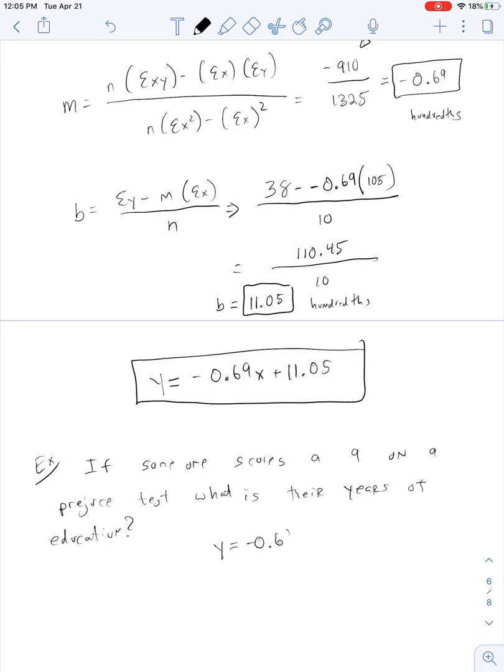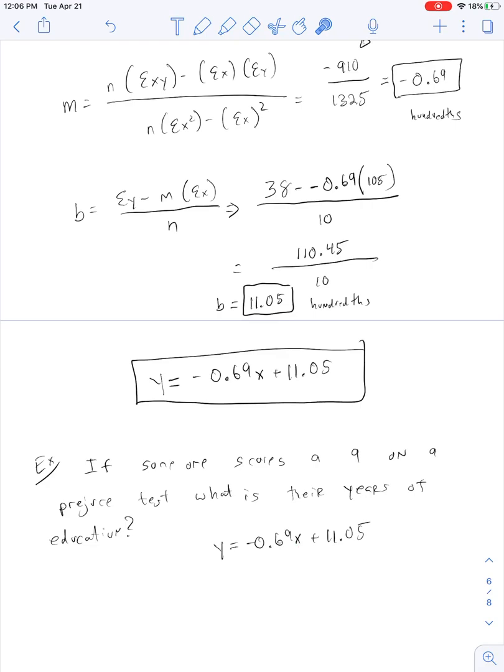Right, so we use our formula, remembering that Y stands for the score that they received, and X is the education. What is the years of education?